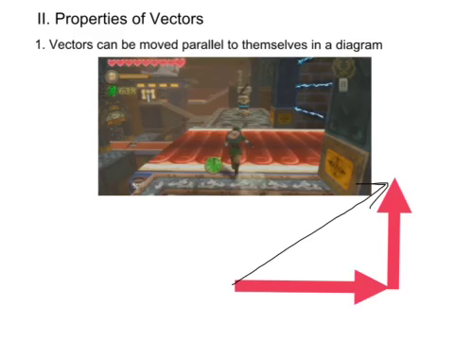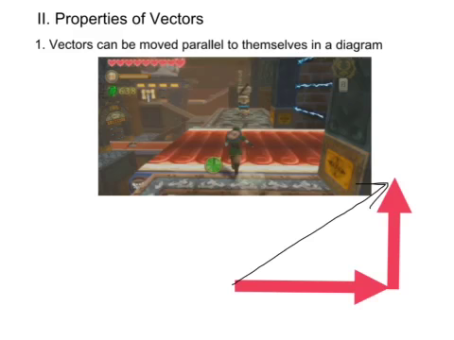So this arrow that I just drew on here represents the resultant velocity vector. When Link goes across the conveyor belt, it's going to be as though he is running with a velocity of this size, of this magnitude, in this direction.